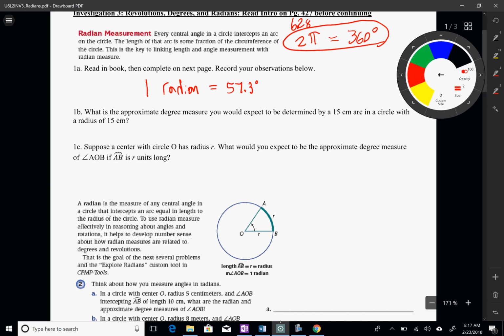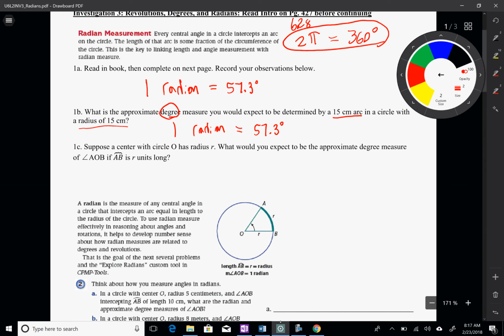If I have a 15 centimeter arc on a central angle, and the radius is 15 centimeters, how many radians is the angle? Well, it's 1 radian because the arc is 1 radius long. It asks for a degree measure, so that would be 57.3 degrees. Problem 1c says suppose a circle with center O has radius r.